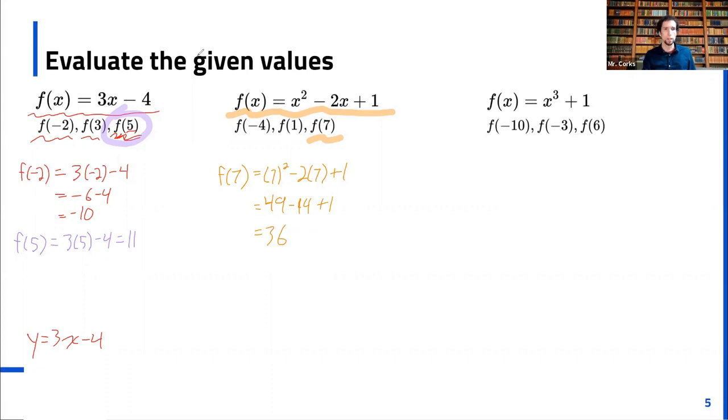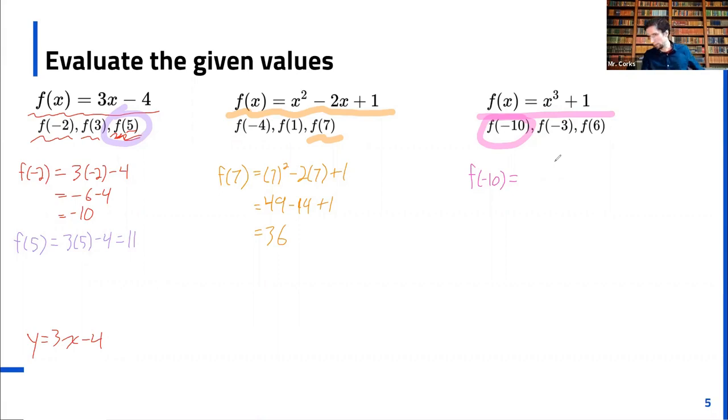Okay, let's do this one too. For this function, what is f of negative 10, when our x is equal to negative 10? Okay, Nagina got the answer.